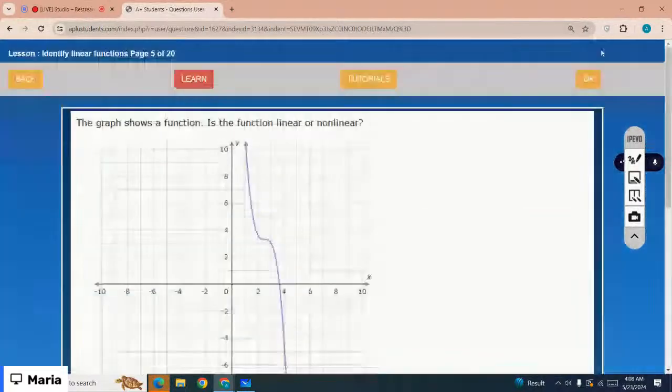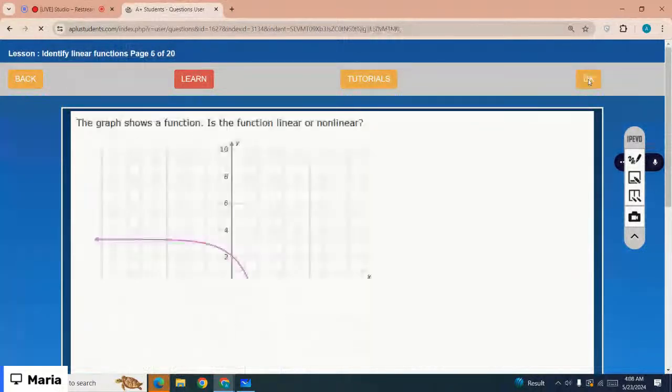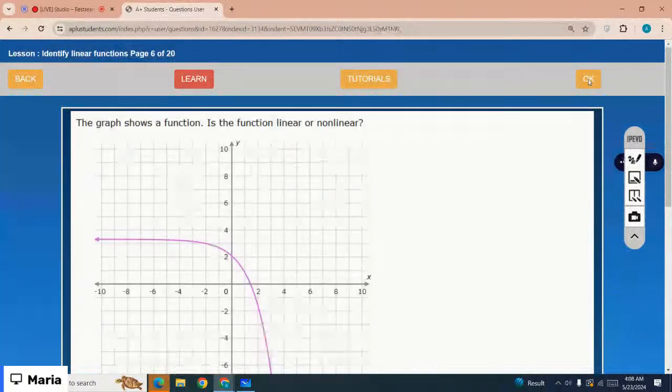The correct option is non-linear because the graph is not a straight line. The graph shows a function.